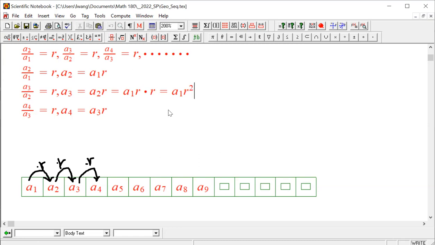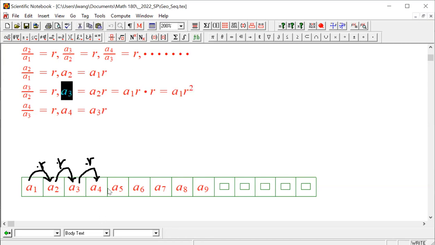So to get a sub 3, I take the first term and multiply by r squared.